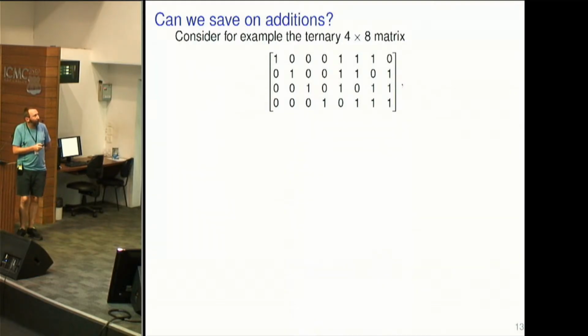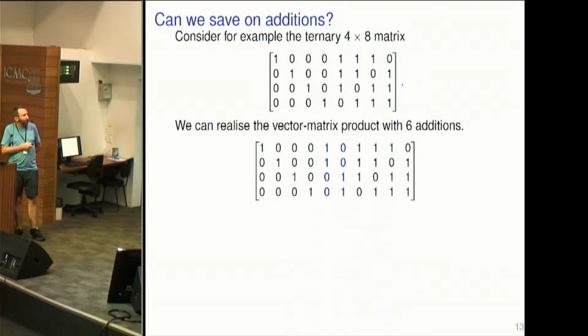So for example, if I have a tensor decomposition of a particular guy, and I end up with this as my L matrix, and I want to form all the linear forms, say I want to find A0, A1, A2, A3, A0 plus A1 plus A2, etc. And I want to do it in as few additions as possible.